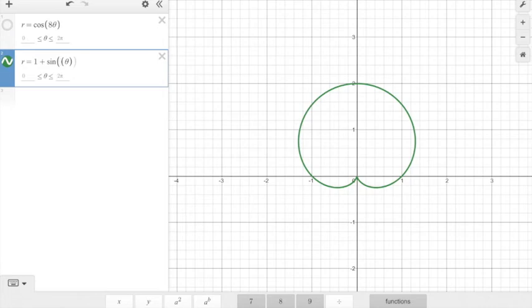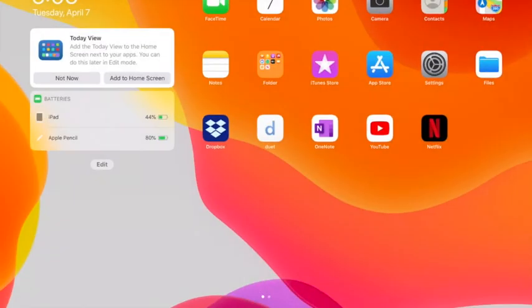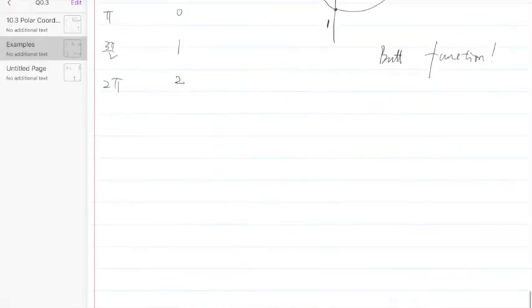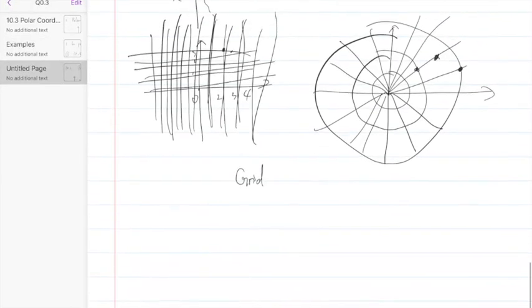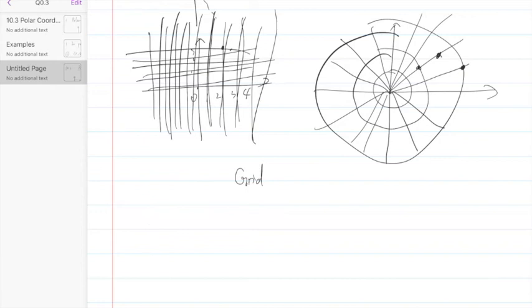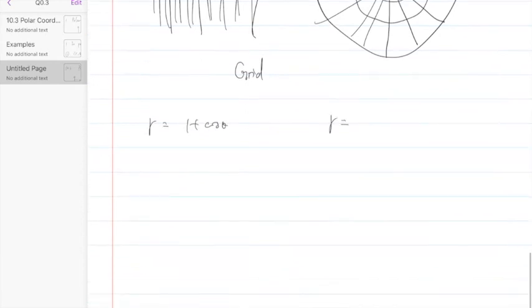It seems like what's going on is you took r equals 1 plus cosine theta, you change cosine to be sine, you basically rotate it by 90 degrees. Does that make sense here? Well, if you think about it, it kind of makes sense. So r equals 1 plus cosine theta. Now here is r equals 1 plus sine theta.